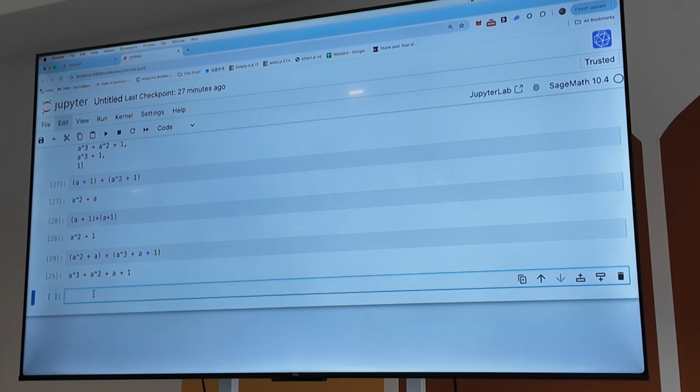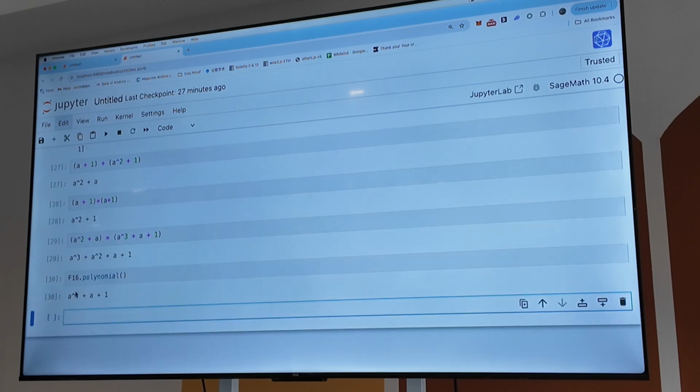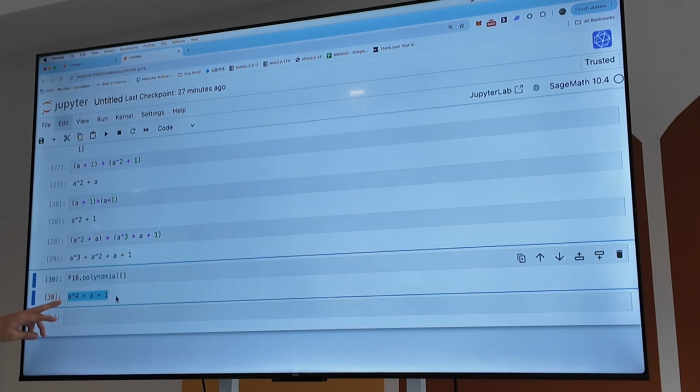So let's check this modulus. We can call this function to show that, okay, we have this one: a to the 4 plus a plus 1.